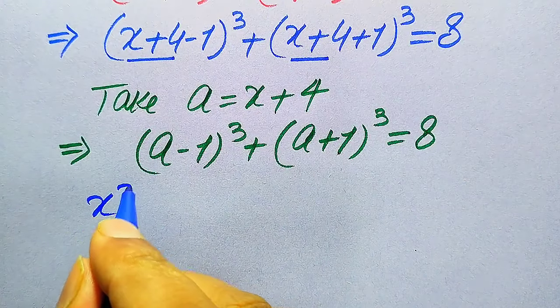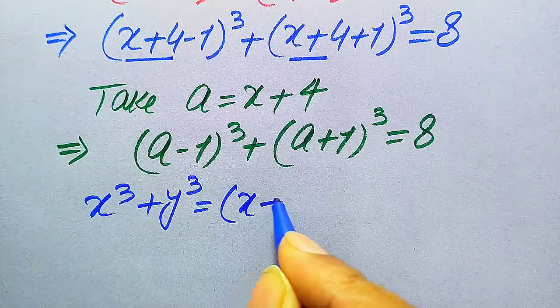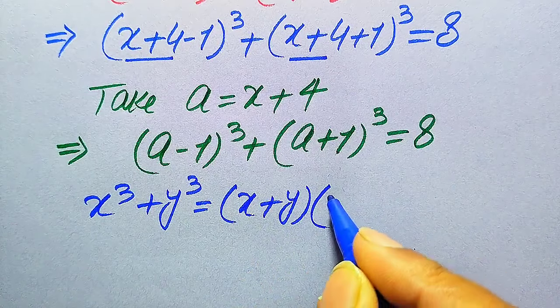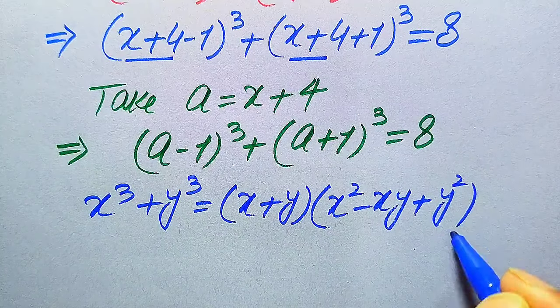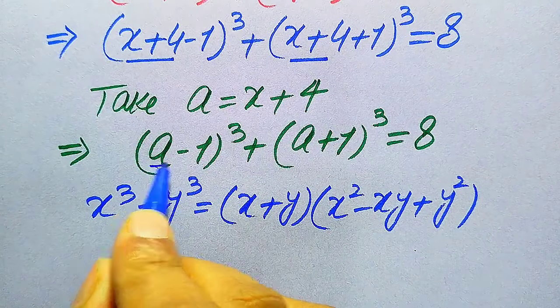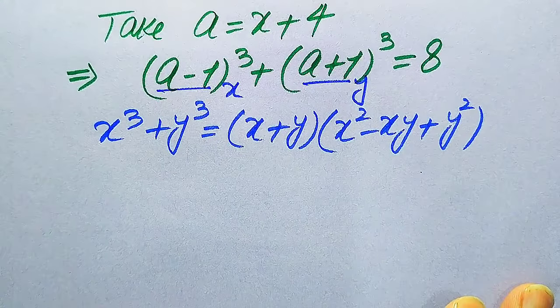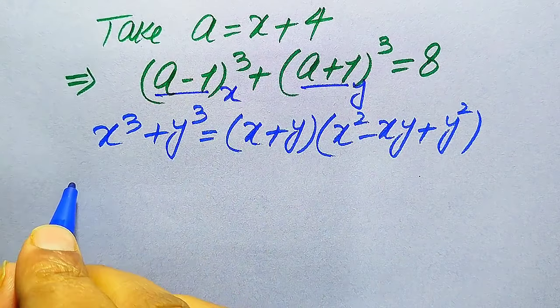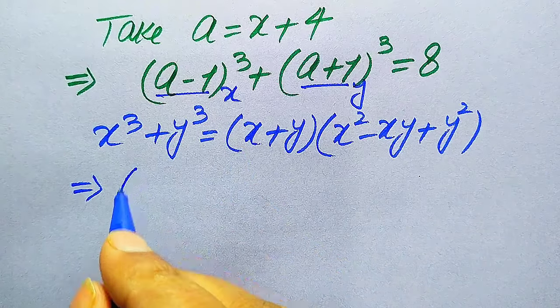If we have x³ + y³, it is equal to (x + y)(x² − xy + y²). And you see here the base of this term is our x and the base of this term is our y. So after applying this formula, we write the left hand side as (x + y).